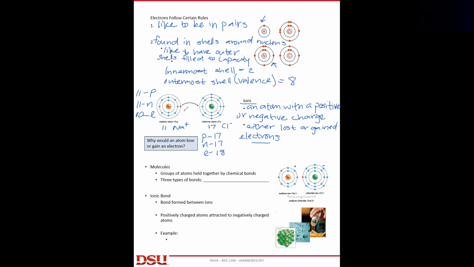Anybody know what happens when you add sodium and chlorine, or sodium and chloride? Know what you get? Table salt. NaCl, which, as you notice, is a completely neutral molecule because the charges cancel out. And this is salt.